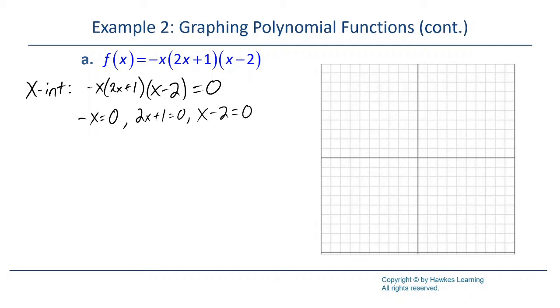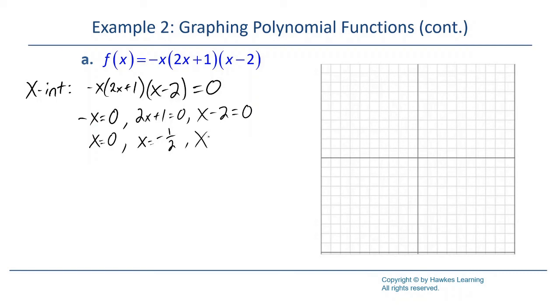So once we're to this point, all we have to do is just solve for x. Now this one is pretty straightforward. If negative x equals 0, positive x equals 0, so we have 0 as one of our points, or roots I should say. If I subtract over the 1 and then divide by 2, I get that x is equal to negative 1/2.